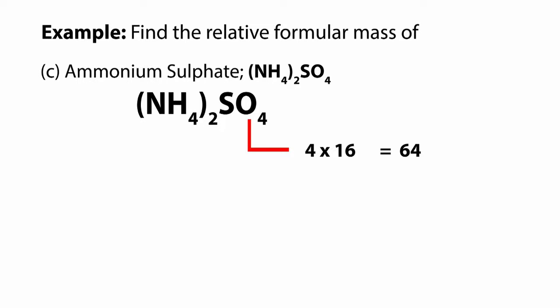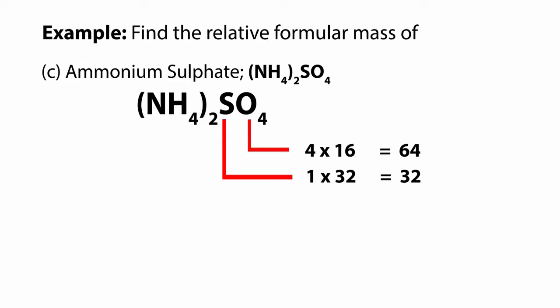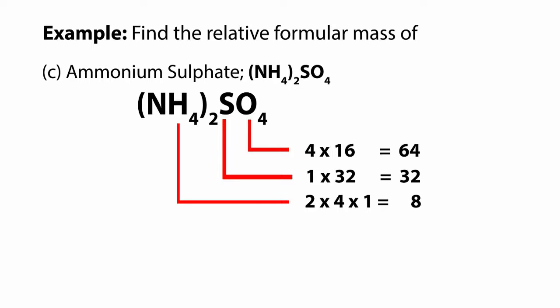And we have 1 sulfur atom, so 1 multiplied by 32, which is going to give us 32. 32 is the relative atomic mass of sulfur. And we have 2 times 4 hydrogen atoms, which is going to be 8 hydrogen atoms. So 8 multiplied by the relative atomic mass of hydrogen, which is 1, giving us 8.